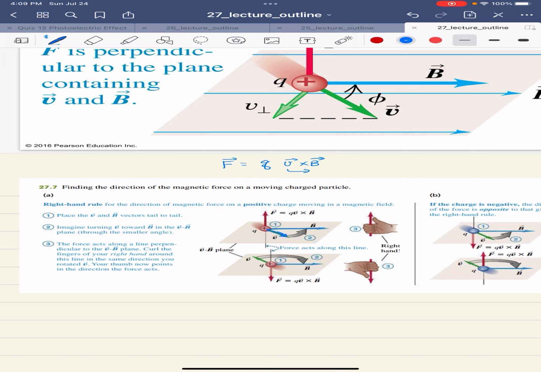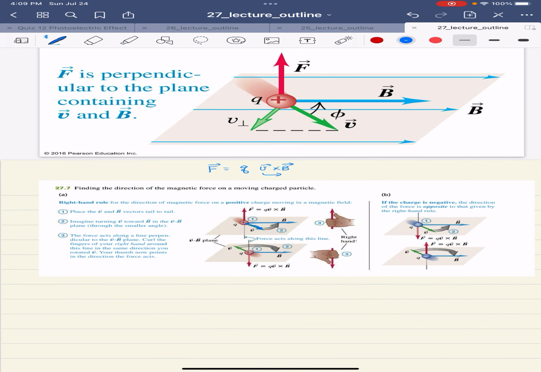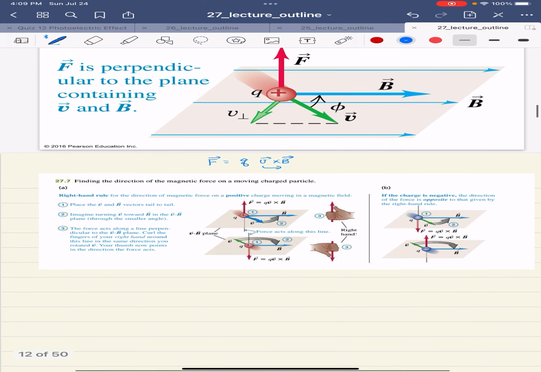There is another method, explained in a video, where you use the thumb for your velocity and the four fingers in the direction of the magnetic field. Then a vector from your palm shows the direction of the force. This is most common for the magnetic force, but I like the method that we are using in our textbook as well.